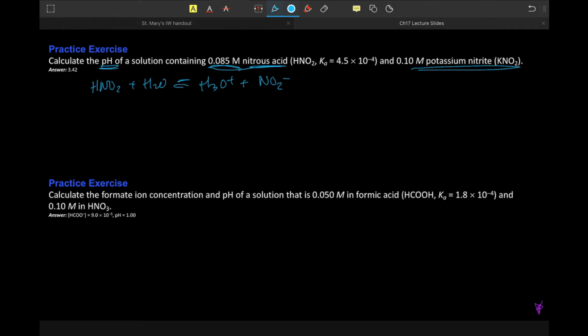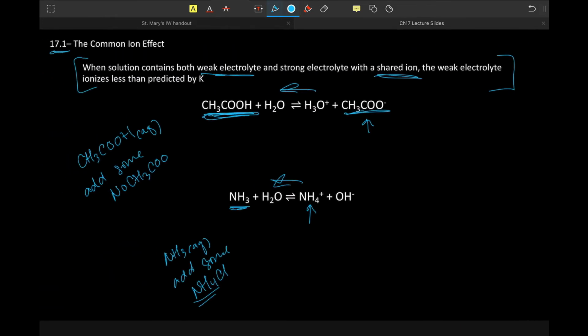But the point is that if we have this ion in solution, the acid dissociates less, so much less that we don't need to worry about how much dissociates with respect to the concentration of added ion.